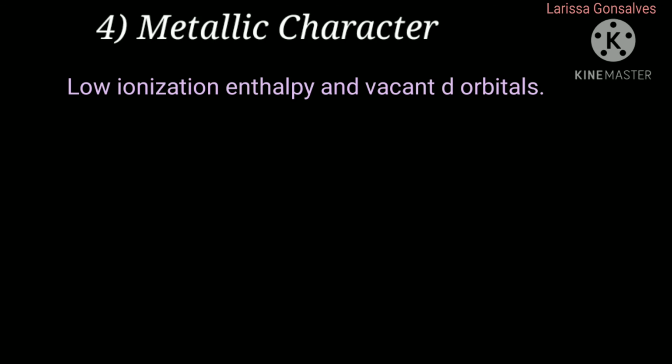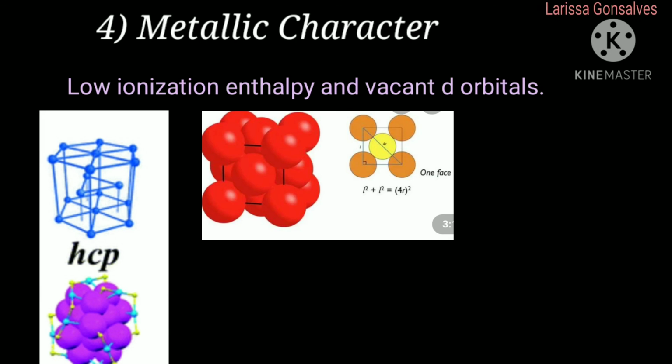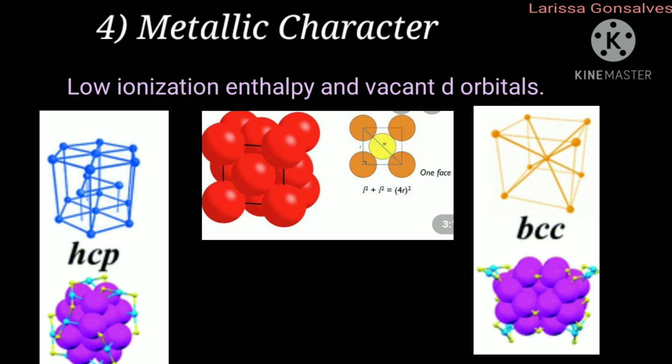Now we know that the elements in the 3d series of the d block are very hard, and the reason behind that is the unpaired electrons which are present in the d shell. Nearly all the transition elements have HCP, that is hexagonal close packing, CCP, that is cubic close packing, or BCC, that is body centered cube, and having such type of packing is a characteristic of true metal.